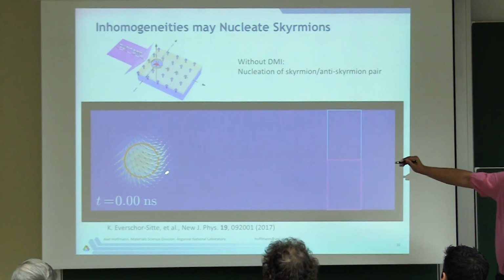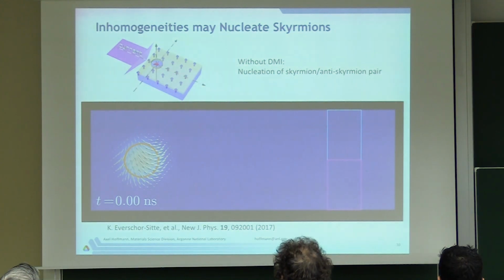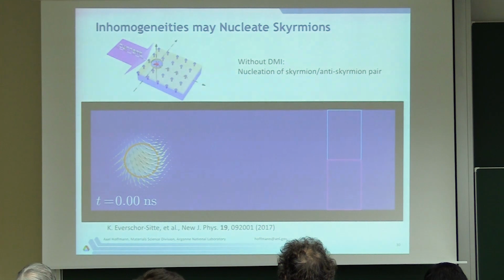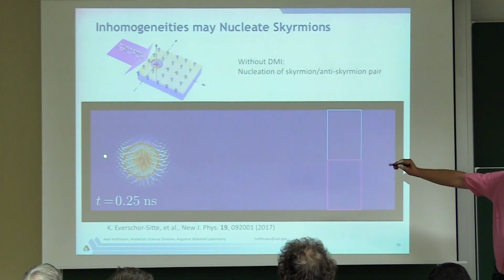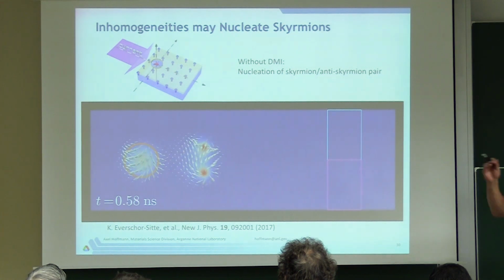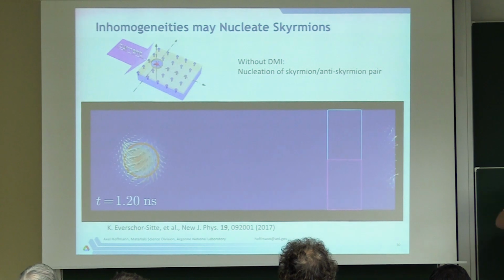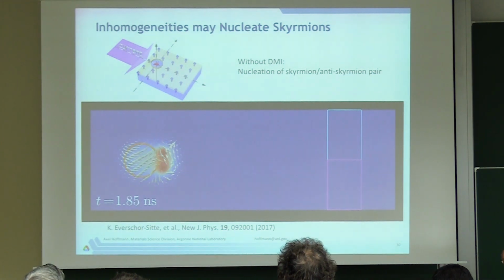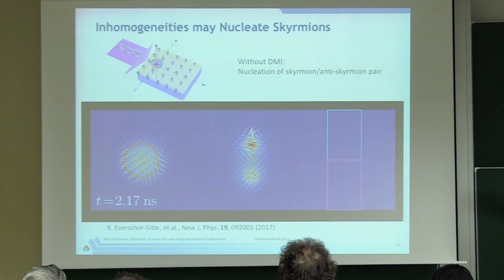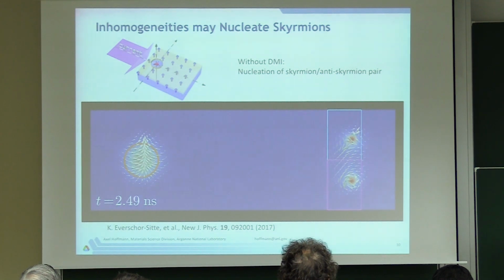And so you see this kind of in-plane structure. If you now drive a current through this, what happens is that the current passing through this inhomogeneity puts some torque on it, and it spins things up, and this defect spews out pairs of skyrmions and anti-skyrmions periodically like this. It's actually quite neat. And then they go and vanish at some point.